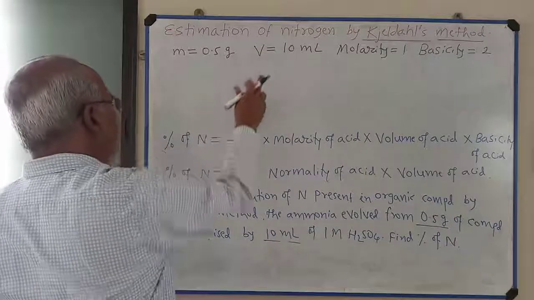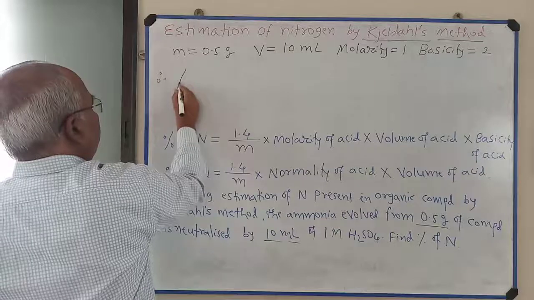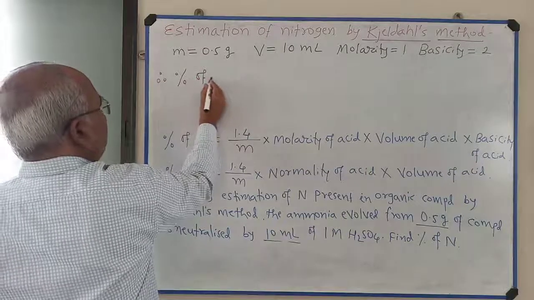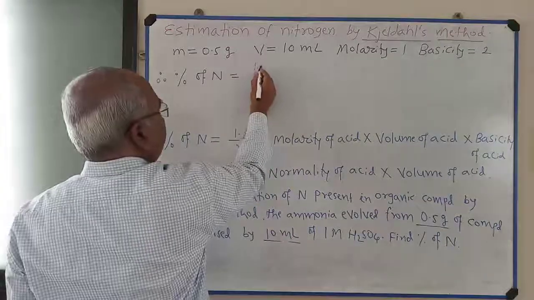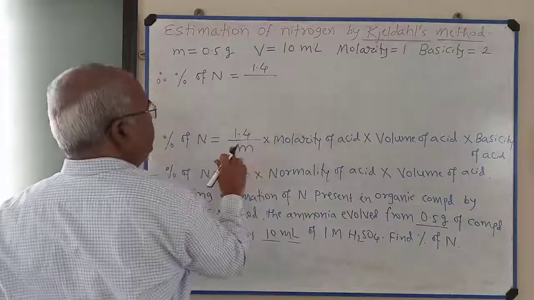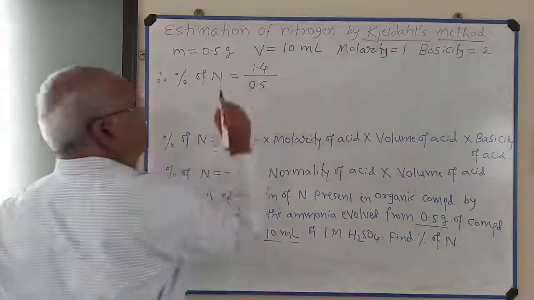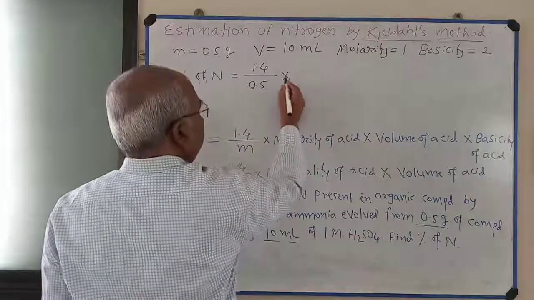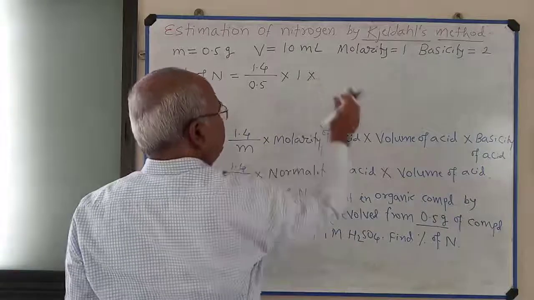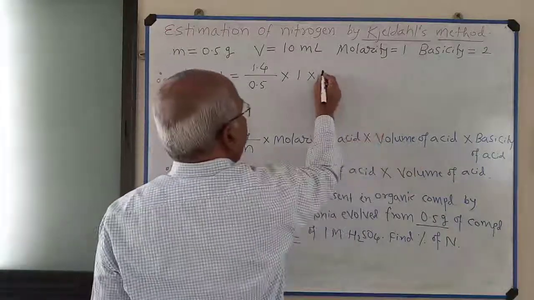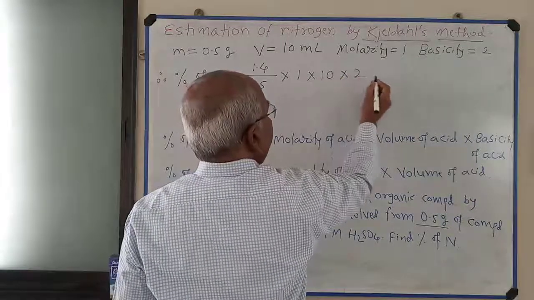Substitute these values in this equation. Therefore, percentage of nitrogen is equal to 1.4 upon M, M is equal to 0.5, into molarity of acid 1, into volume of acid 10, into basicity of acid 2.